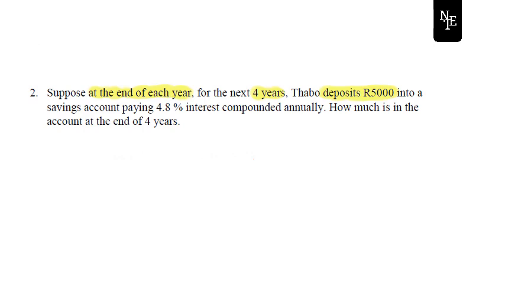So again, we can draw up our number line, and this is T0. Remember that T0 represents the start of the first year. So at T1, we're going to have the end of the first year, which is where we're going to make this first deposit of 5,000 Rand. And then at the end of the second year, we're going to make our second 5,000 Rand deposit.